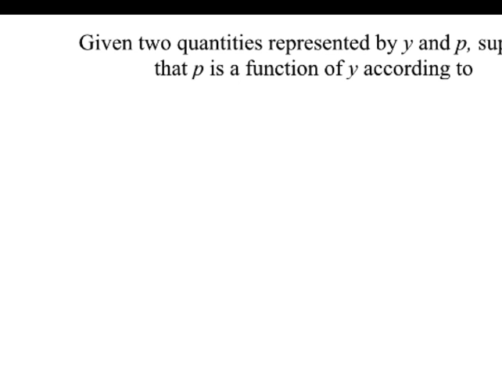Well, so it's saying P is going to have a value. Yeah, so two quantities are represented by y and p. P is a function of y, meaning p changes in a certain relationship when y changes. Or as p varies, y also varies in some relationship.